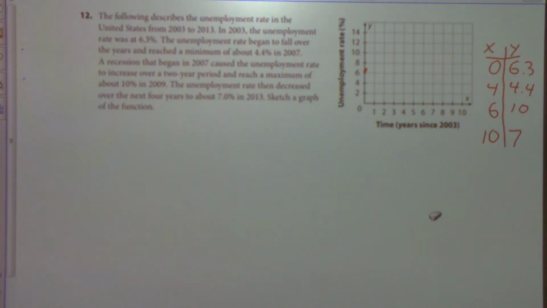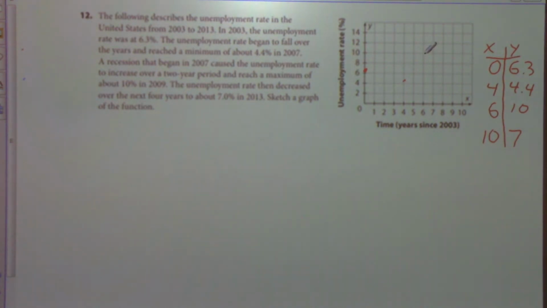So let's go ahead and graph these points. Do you think it's helpful to think of it that way? To graph, to put it on the table? Well, I think it's pretty helpful. So we have 4, 4.4. And then we have the sharp increase after that, so 6 to 10, right?